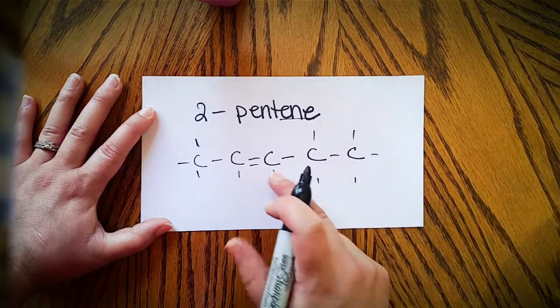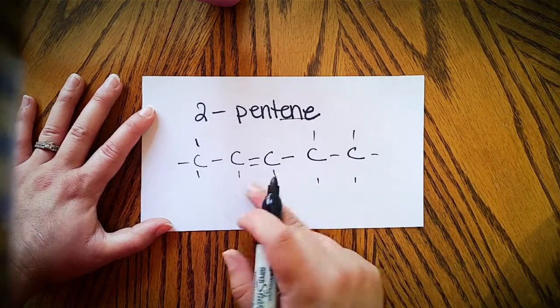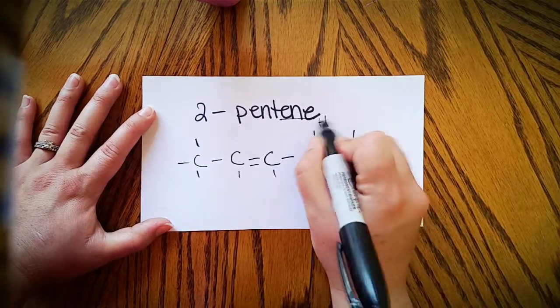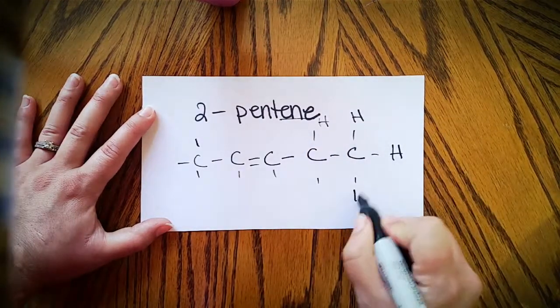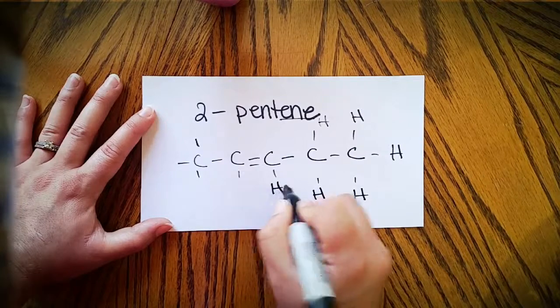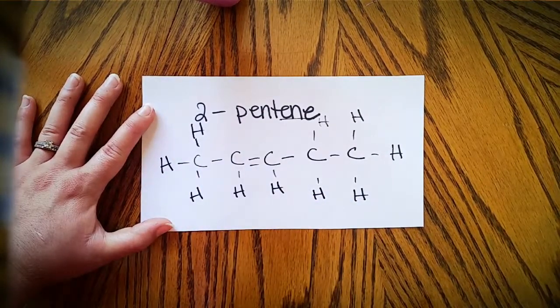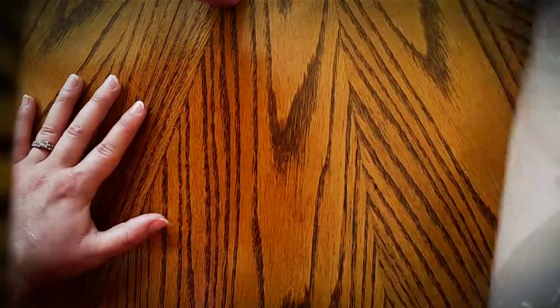Okay, when your carbon is not completely surrounded by hydrogens, remember this would be an unsaturated molecule. Again, it does not matter if you put it on the top or the bottom. So that would be 2 pentene.